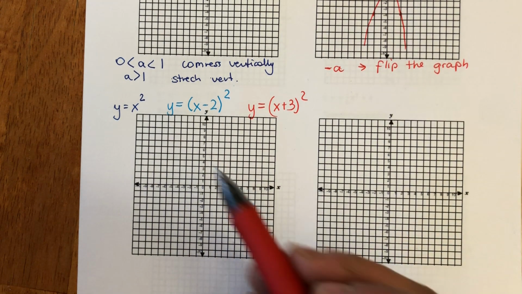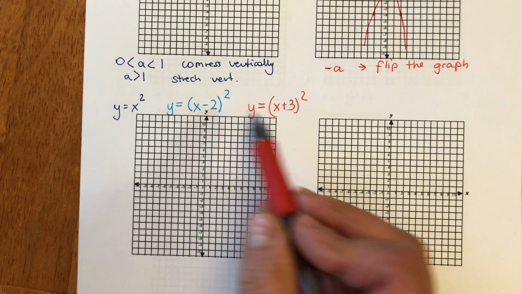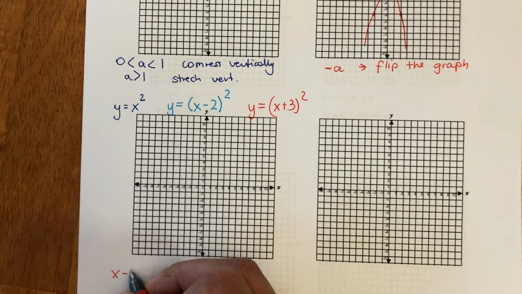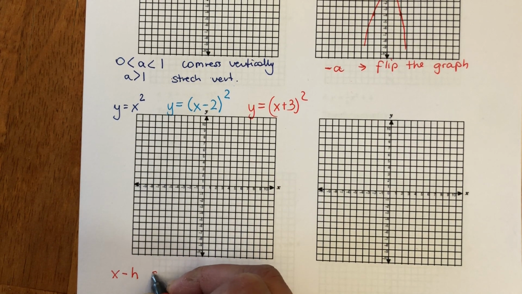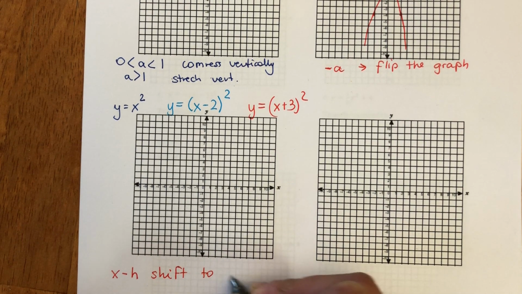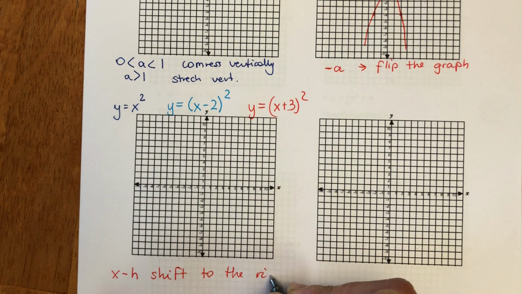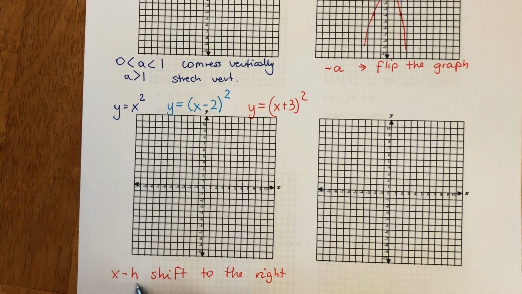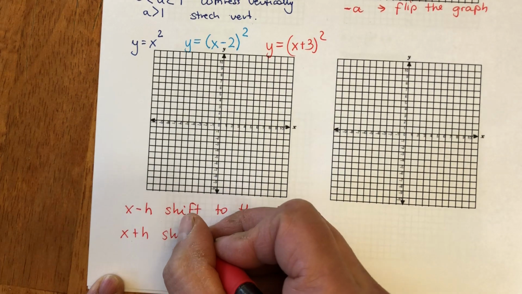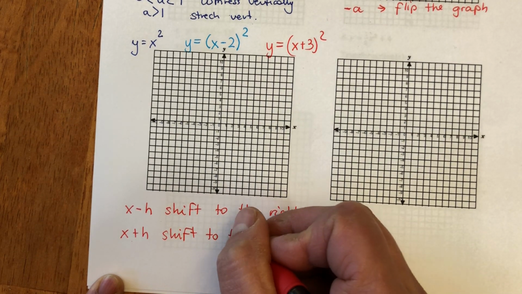If you look at this vertex form, what is in parentheses, that is your h. So now if you have x minus h, this is going to be a shift to the right by the h amount of units. And if you have x plus h, you will have a shift to the left.